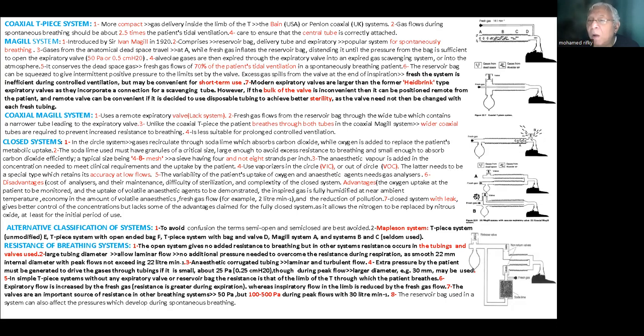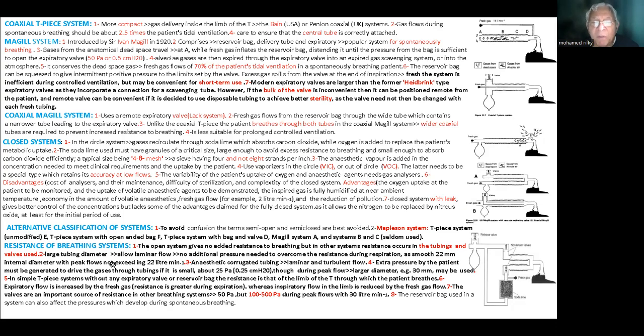Whenever I apply a reservoir bag to the Ayre's T-piece, we get what we call the F system. So this is a classification, and sometimes there is confusion between the United States and Britain regarding whether it is semi-open or semi-closed. We will not discuss the difference between both, and we consider the system we mentioned before as one classification, and Mapleson as another classification.